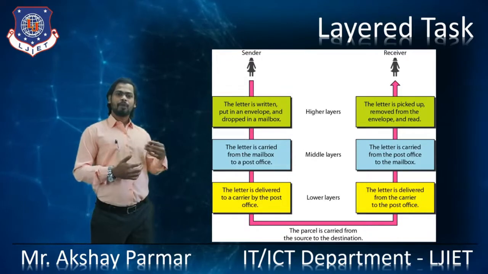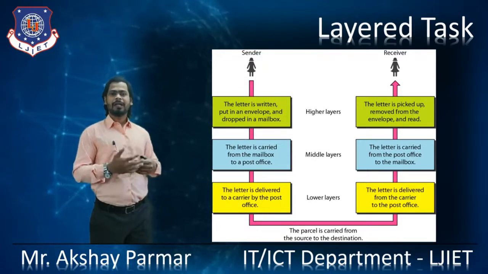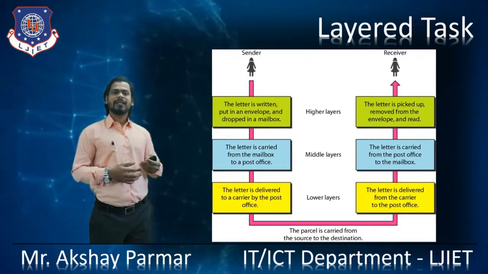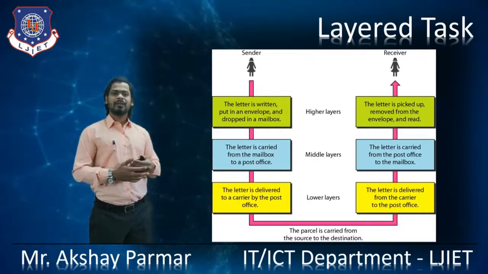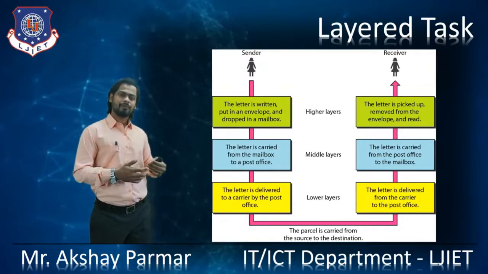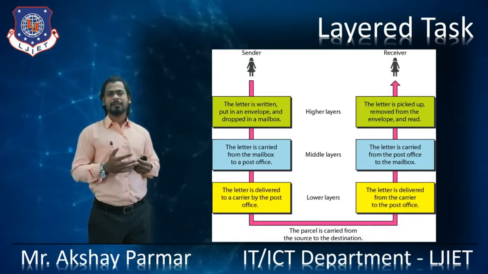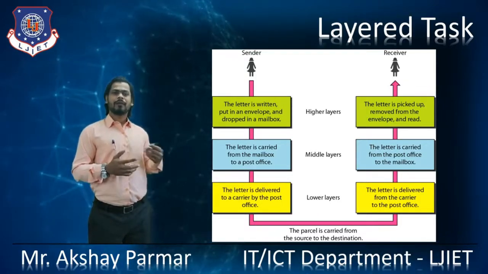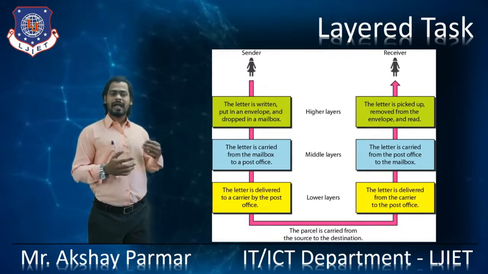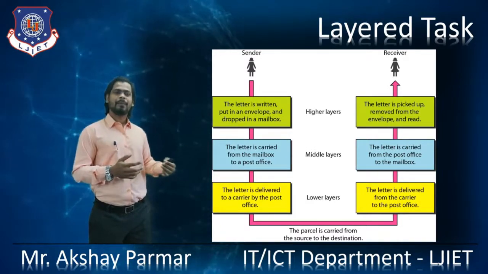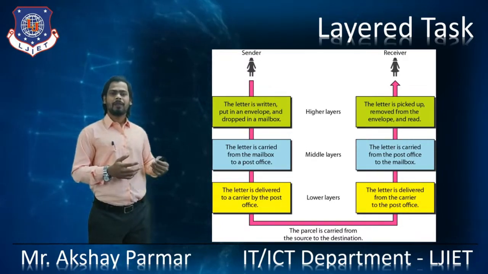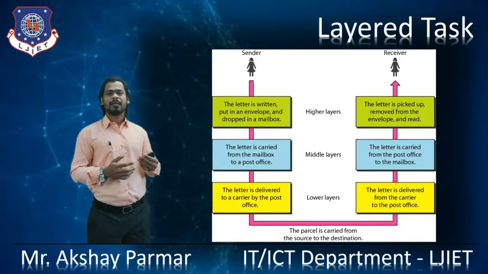After that, at the receiver side, the middle layer task is performed by the postal service, where the envelope that has reached the post office is dropped into your friend's mailbox, right?